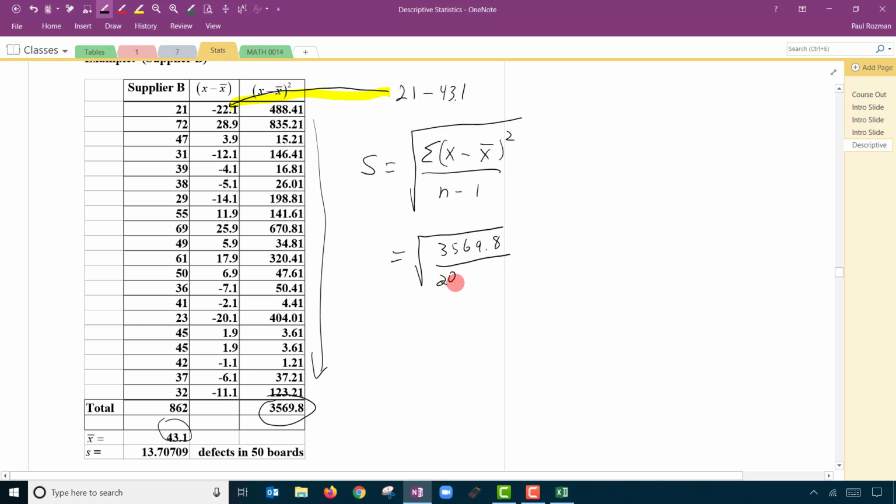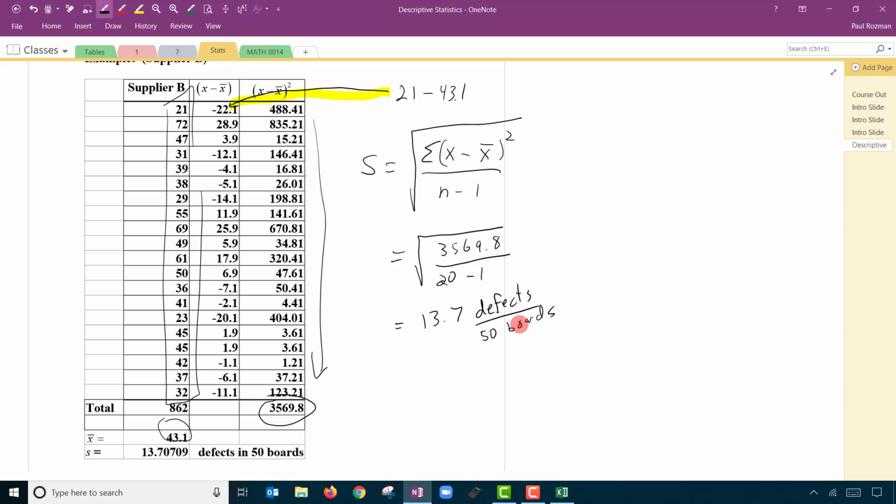There are 20 values here. And that's where we get 13.7 boards, or defects per 50 boards.